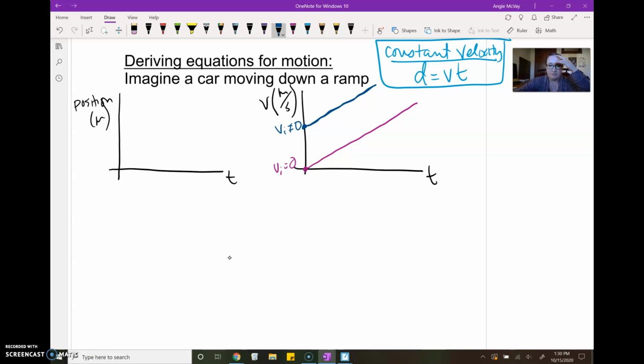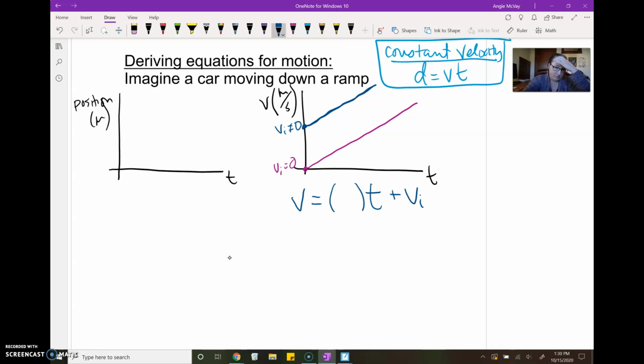They would have the same slope if they're accelerating at the same rate, but the other one would have some initial velocity. Okay, so this is a linear equation. So we would have the velocity at any point in time equals some slope times time, which is on the x-axis, plus the y-intercept, v initial.